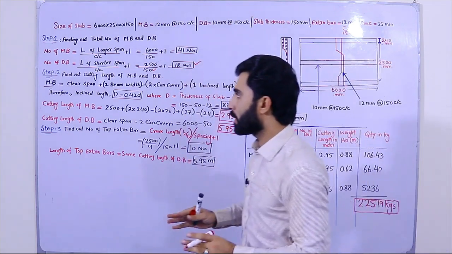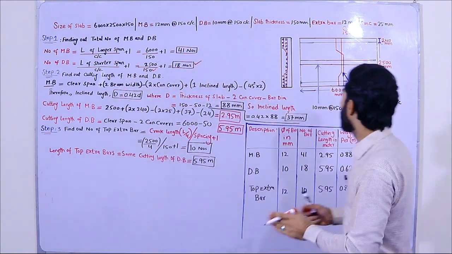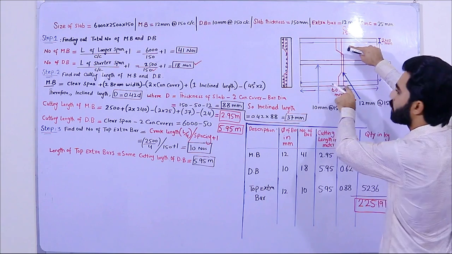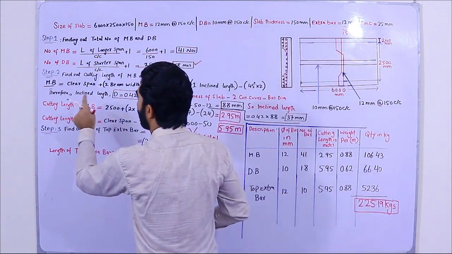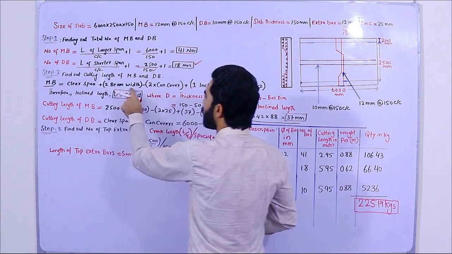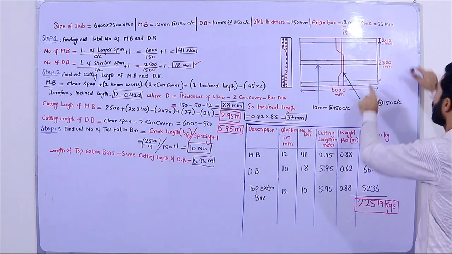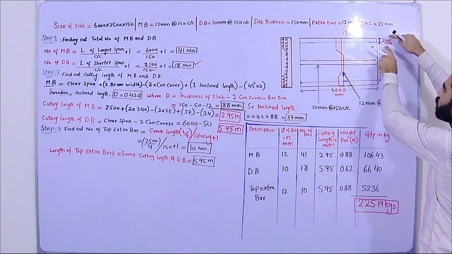Okay, now the second step is to find out the cutting length of main bars and distribution bars. The first one, main bar. The main bar cutting length formula is clear span plus 2 beam width. The width of the beam is 240 millimeter each side, 240 and 240.